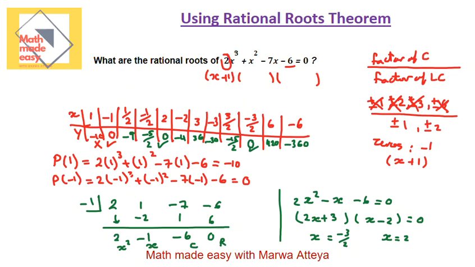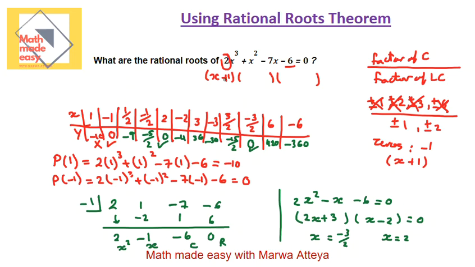Now, this is a cubic function. It has 3 zeros, and we found all 3 of them. This is one way to do it. Another way to do it, which would save your time: once you find the first 0, and it's a cubic function, you are going to use synthetic division. By dividing by that 0, you'll get a quadratic, factor the quadratic, you'll get the rest of the zeros.